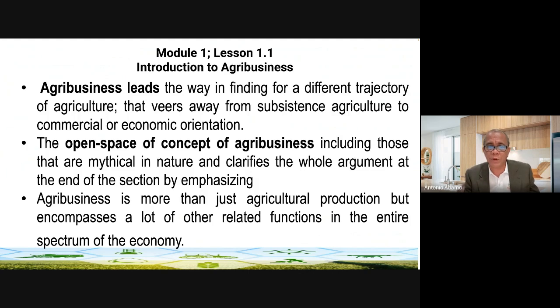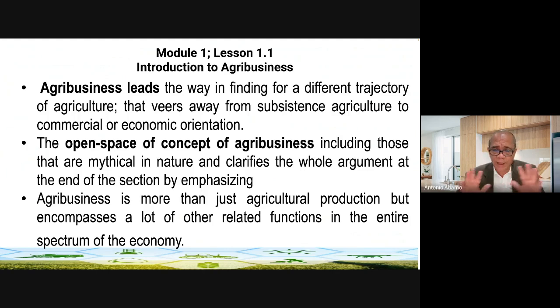It clarifies the whole argument by emphasizing that agribusiness is more than just agricultural production, but encompasses a lot of other related functions in the entire spectrum of the economy. So take note, agribusiness is not just agricultural production. Although it's a vital part, that's not the whole thing.